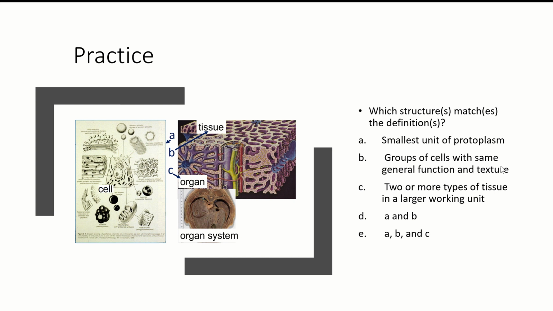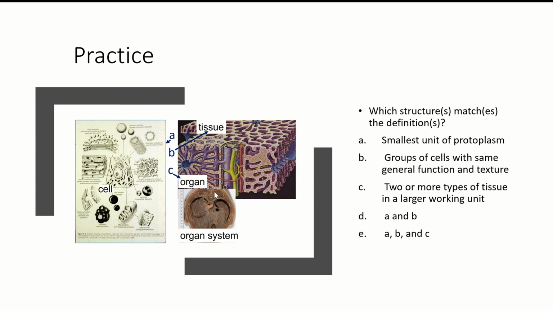Groups of cells with the same general function and texture. And it's pointing to tissue, right? And so that is correct. Remember, we have protoplasm, which makes a cell, and multiple cells with the same function and texture will make a tissue, okay? And then C, 2 or more types of tissue in a larger working unit, and it's pointing to an organ.